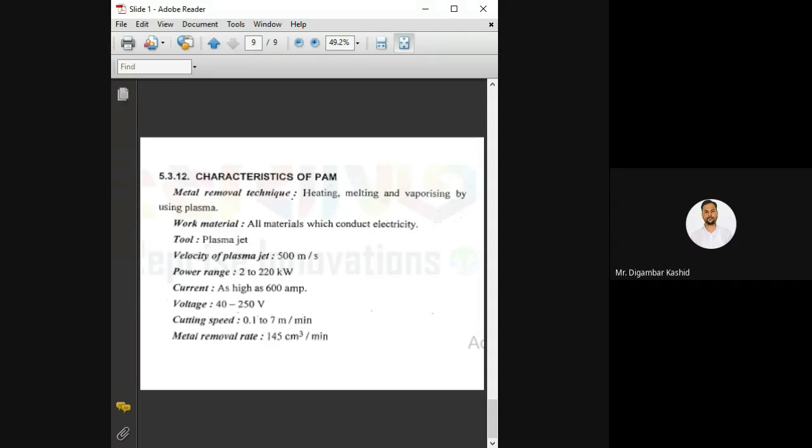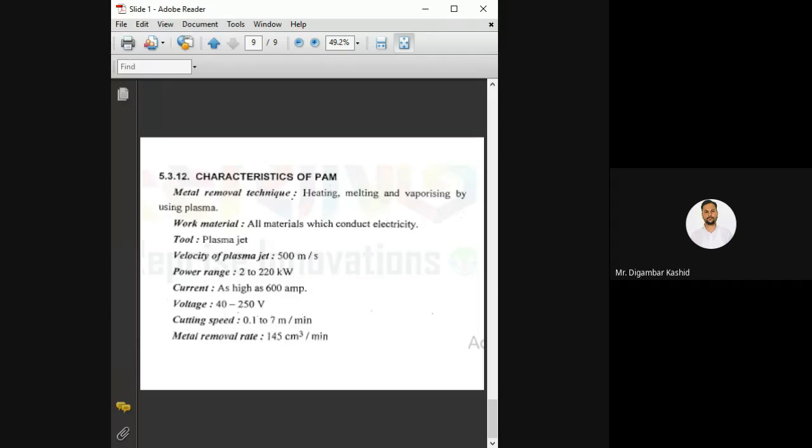Now talking about the next type, the non-transferred arc type plasma. In that case, the electrode is connected to the negative terminal of the DC power supply, and the nozzle is connected to the positive terminal. When working gas passes through that nozzle, a part of that working gas becomes heated.